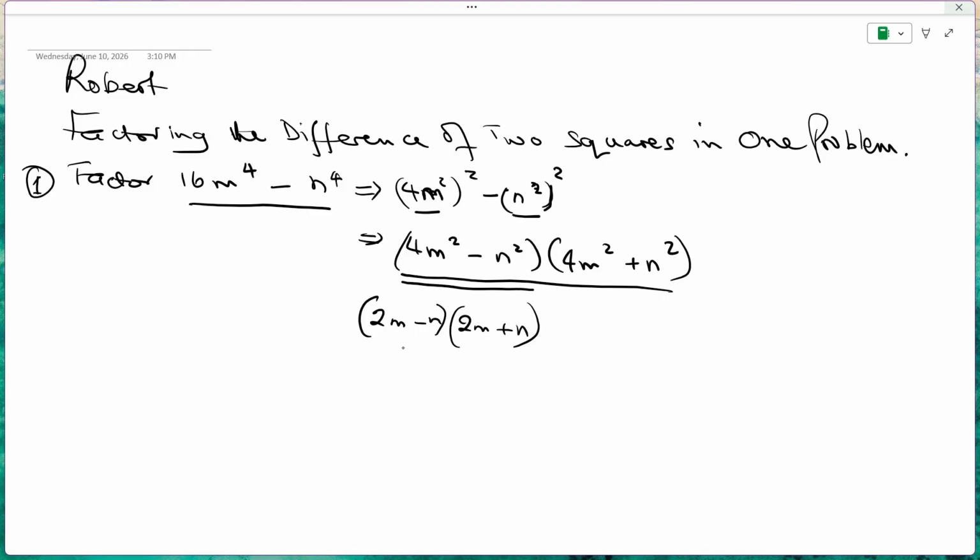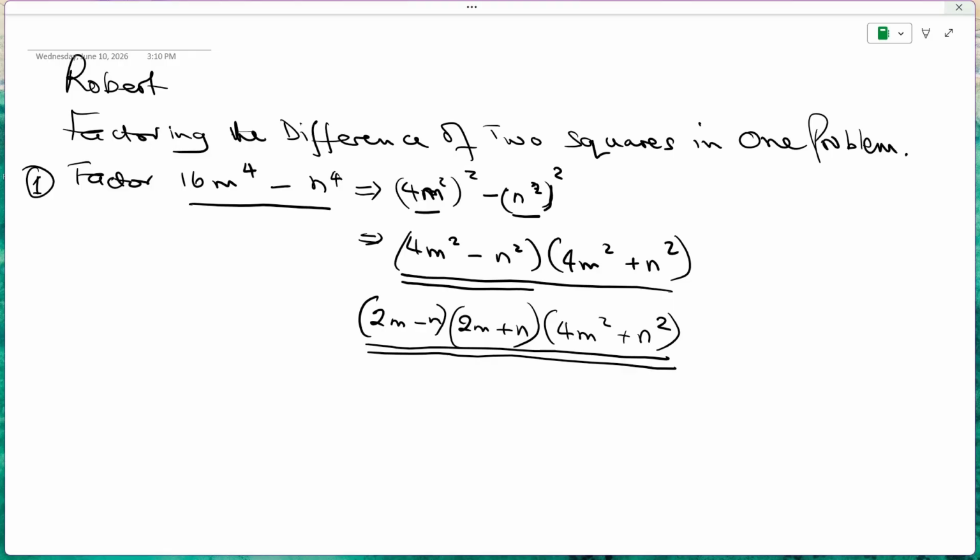It's a difference of squares, so we can just multiply two expressions conjugate to each other and get our initial expression 4m squared minus n squared. This one can't be simplified any further, so we just have to multiply this one by 4m squared plus n squared, close brackets. So this shows that we have factored the difference of two squares in one problem.